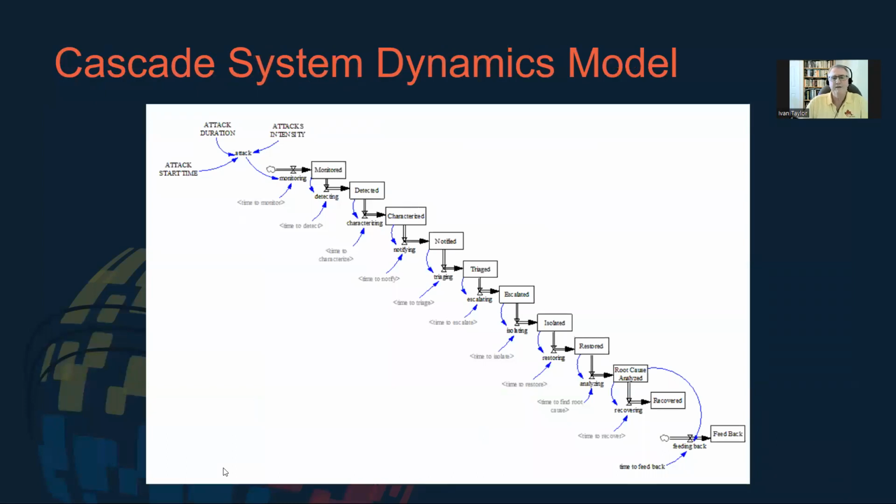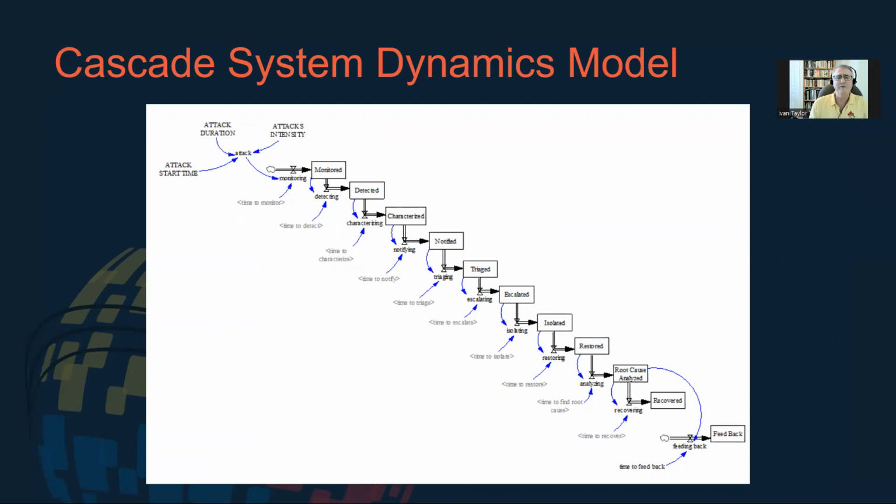This shows the system dynamics model in a diagrammatic form where each of the boxes represents a stock or a state of the system. And then each of the arrows with the valves shows the processes that move the system from one phase to the next.